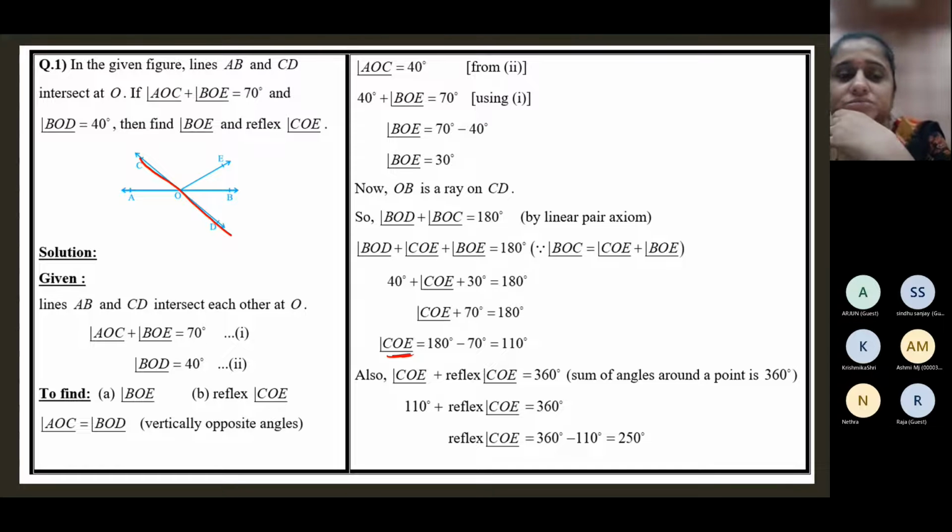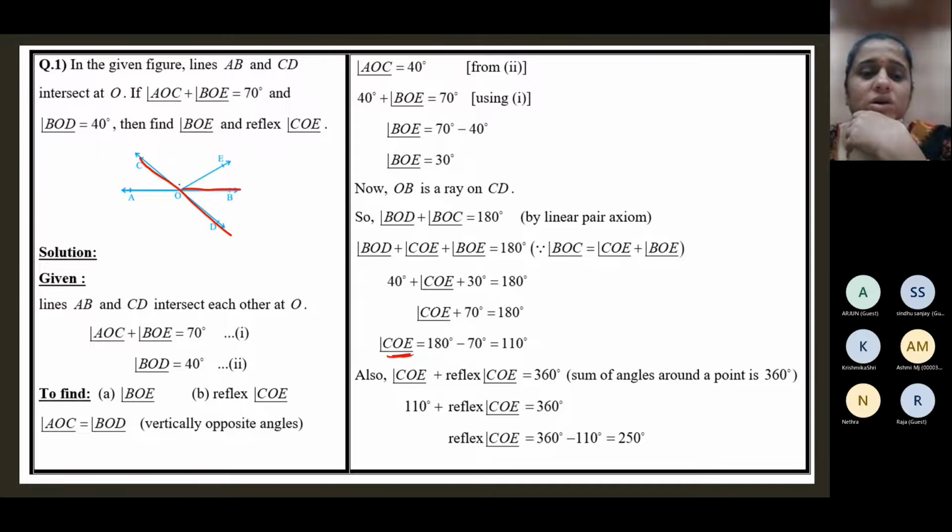Yes, class. Ma'am, because they've already given angle BOD is equal to 40 degrees. So we can calculate with that, ma'am. Okay, I'll allow Krishmika to explain this and ask her the question again. Yes, Krishmika, proceed with this.